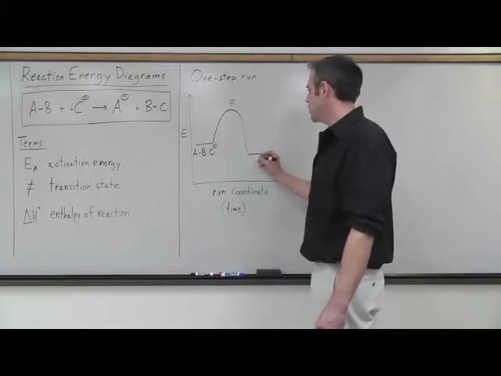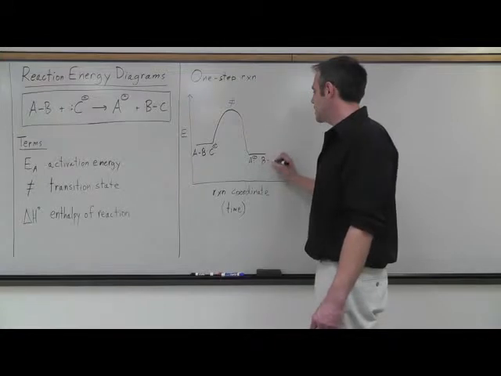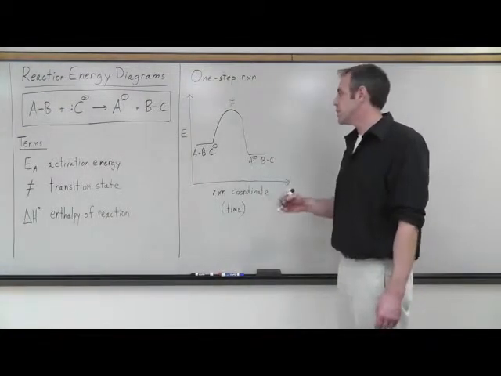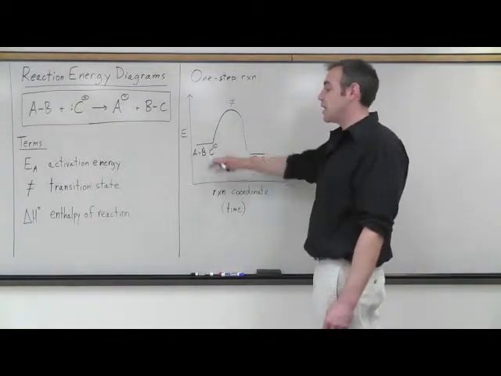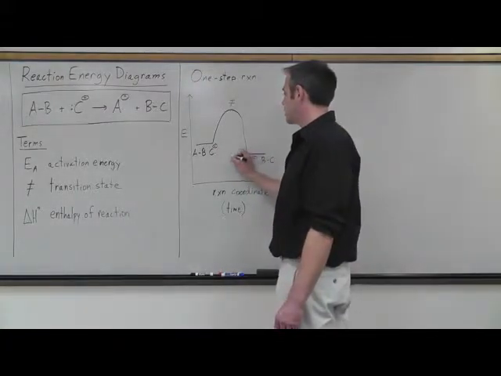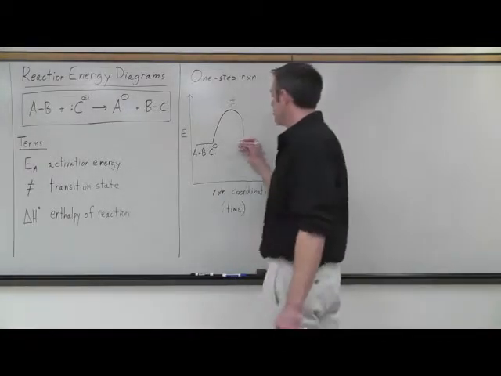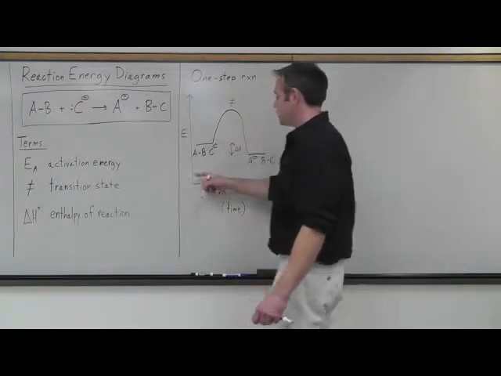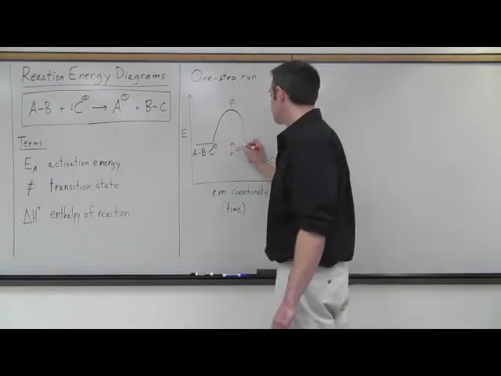The products over here would be anion A and molecule BC. We can see that the products are lower in energy than the reactants, and so the difference in energy between these two is our delta H, or enthalpy. If there were units on this axis, we would know the enthalpy of the reaction.